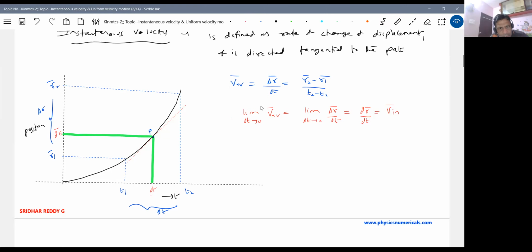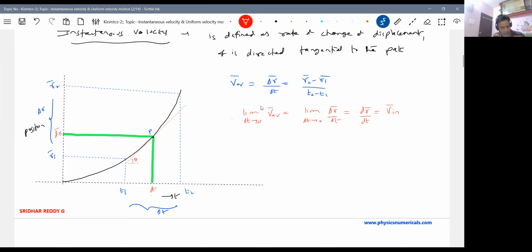So what I'm going to do is make this delta t so small. When delta t tends to 0, it will become dt. Here I'll calculate the slope. What is the slope? It should be dr by dt. Slope of the tangent drawn at point P will give the instantaneous velocity. So let me define theta. How to calculate in the position versus time graph, or displacement versus time graph?